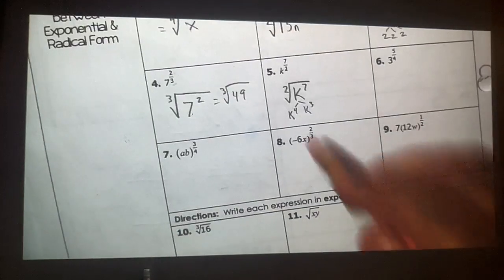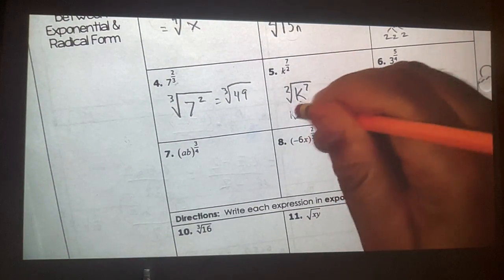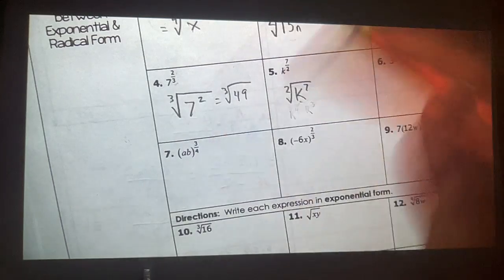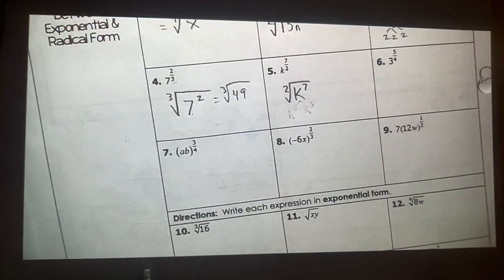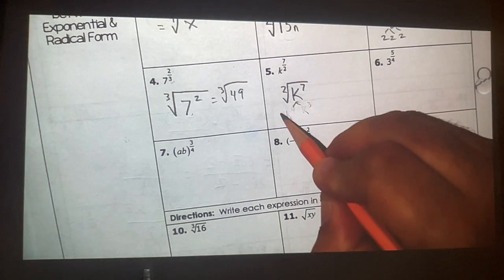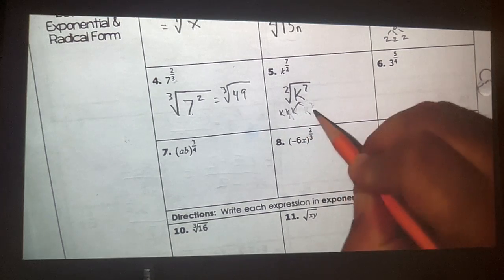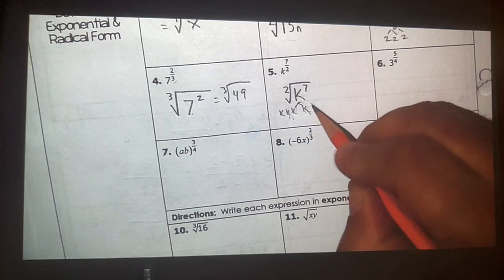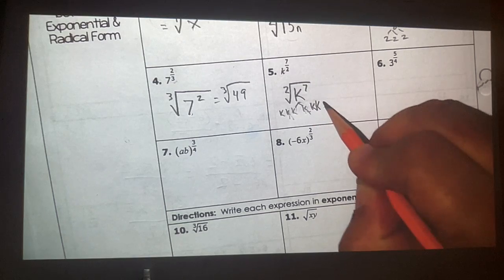Let me make this a little bit easier for myself, actually, because I'm running out of space. I just have a k, a k, a k, a k, a k, a k, and another k.